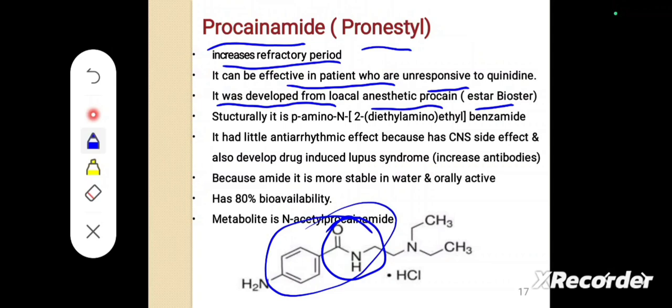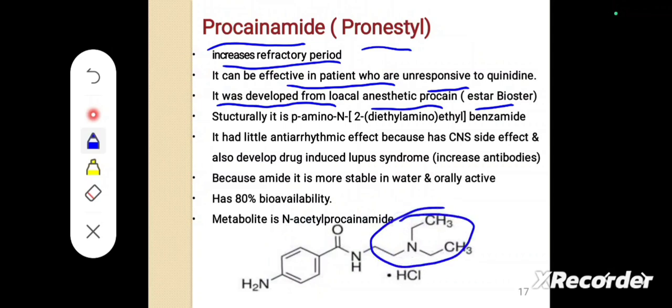Structurally, procainamide contains a diethylaminoethyl, benzamide, and a para amino group. So this is the structure of procainamide. We can say this is a benzamide derivative.